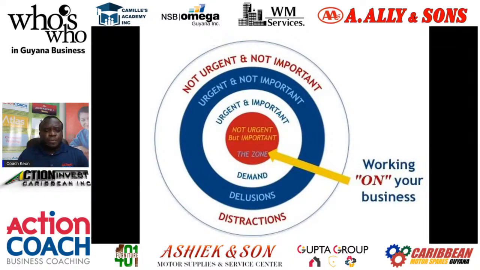For example, if you are an entrepreneur in printing and copying, and someone calls and says, I need 1,000 copies of a particular book within the next 24 to 48 hours, that could be a high demand activity that you didn't plan for. But because you are an entrepreneur in that line of business, it takes you closer towards your goal, and it means that you can then accommodate that particular activity.